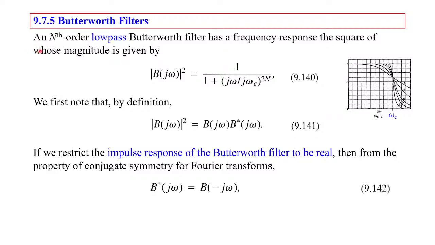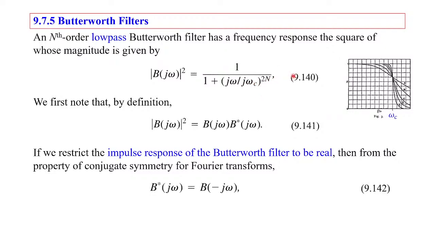The filter is defined in this way. So we want its magnitude squared to be 1 over 1 plus j omega over j omega c to the 2n.